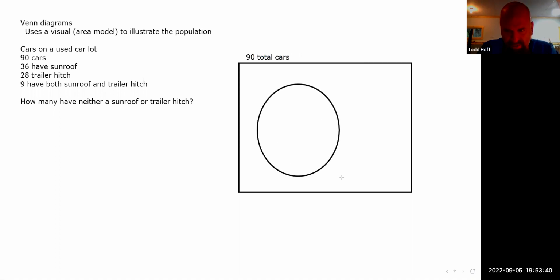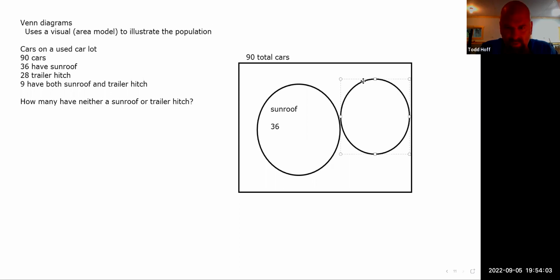That takes up about a third. They have a sunroof. Now, then we have 28 that have a trailer hitch. Now, if there were none that had both, we'd just put the circle over here. That'd be our 28 with the trailer hitch. That'd be the end of it.